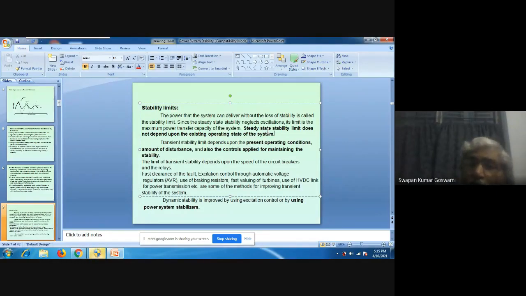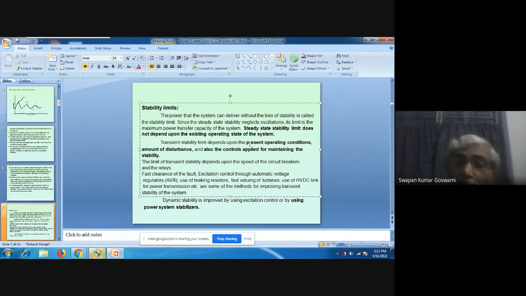But what happens to the transient stability limit? The transient stability limit depends upon the present operating condition, the amount of disturbance, and also the controls applied for maintaining stability. We shall be explaining all these things, but before we enter into the problem, let us mention the difference between steady state stability and transient stability.